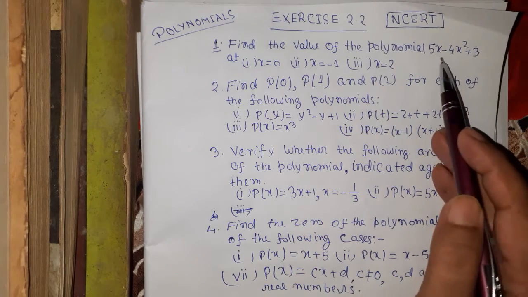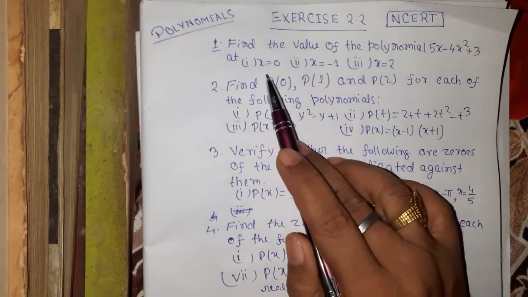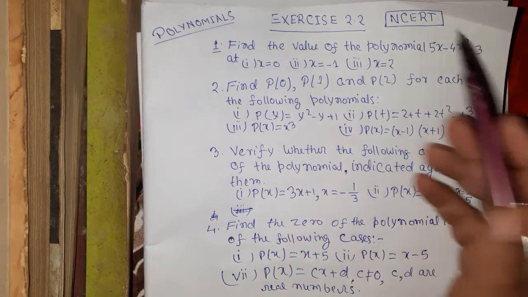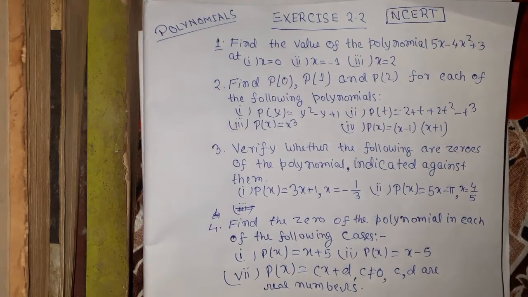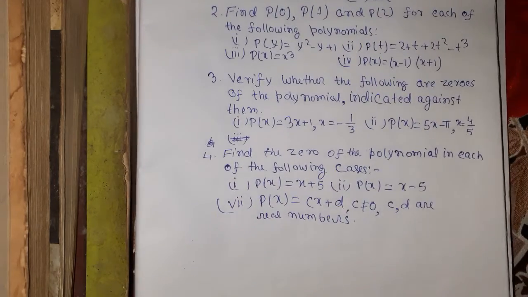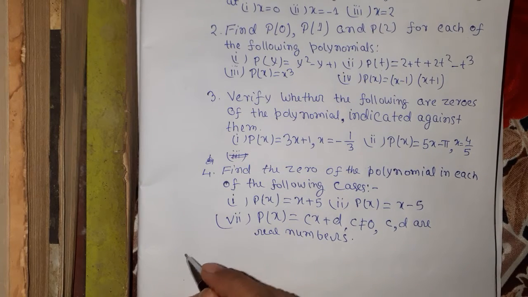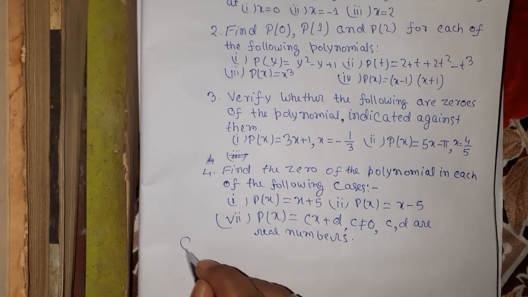polynomial 5x minus 4x square plus 3 at x is equal to 0. So here is the solution.